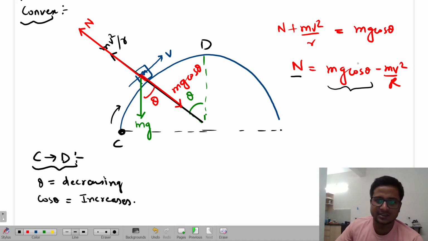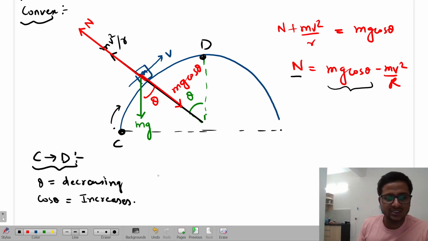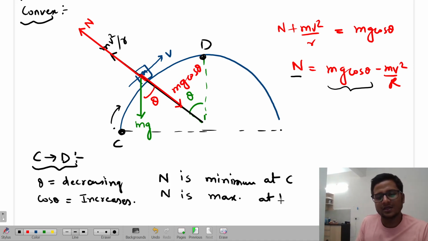It is increasing. See, look over here. If I am over here, the normal is minimum. If I go to D, since cos theta increases, the value of normal becomes maximum. So once again, when I'm moving from C to D, normal is minimum at C, but normal is maximum at D.